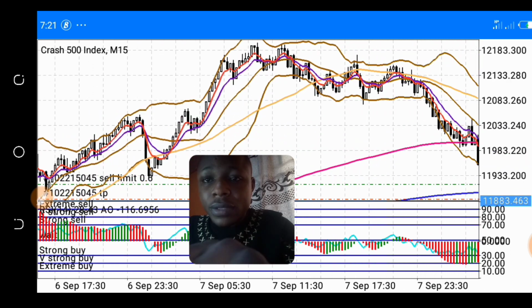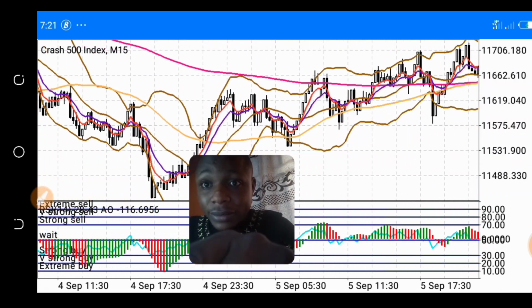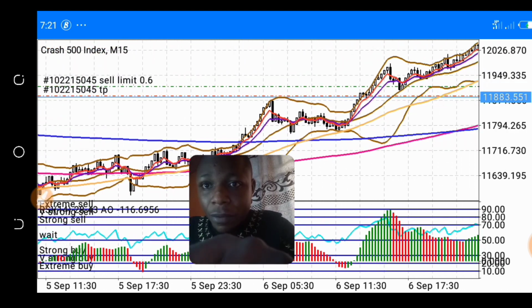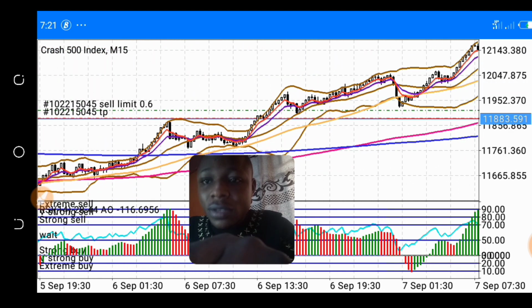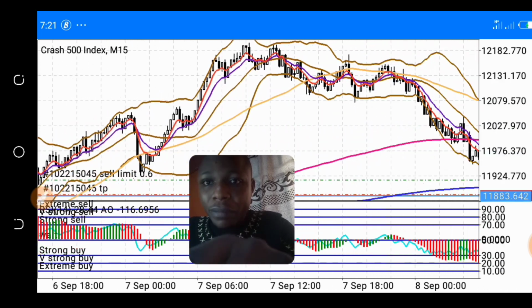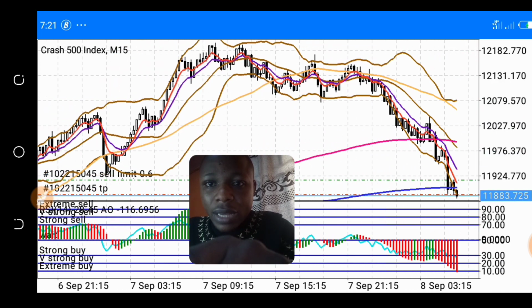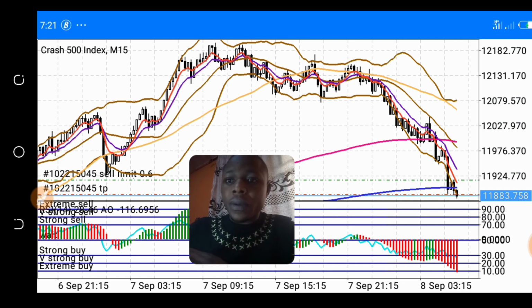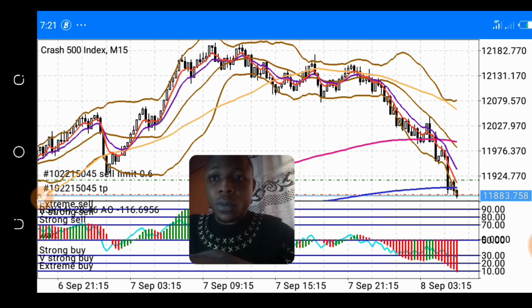You see how it has been buying, but immediately it crosses, just know that it is still ready to buy more. So the way it is selling now, if it later crosses down, just know it will still sell deeper. So just wait and look for a pullback and enter a sell again. So that's how EMA 200 and 500 works.